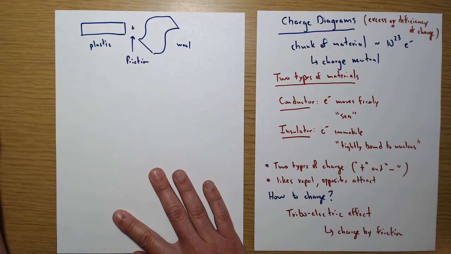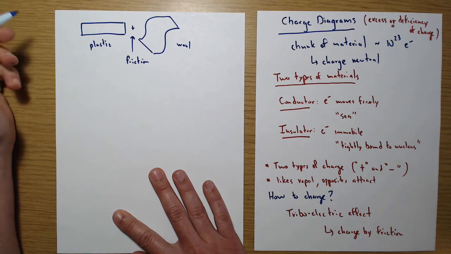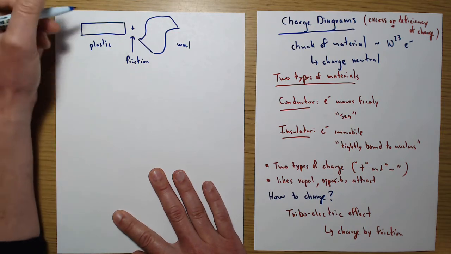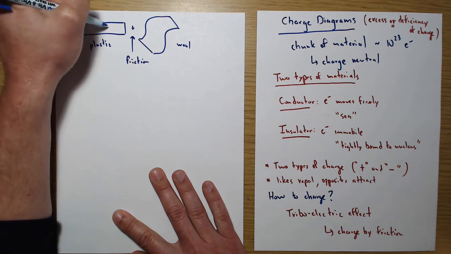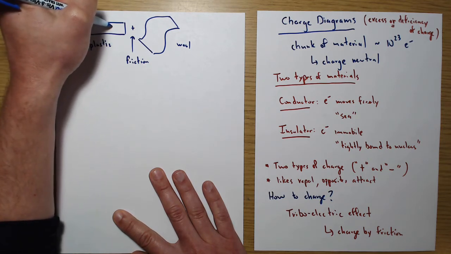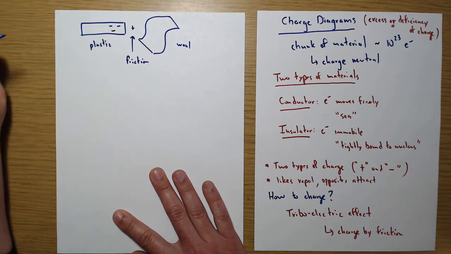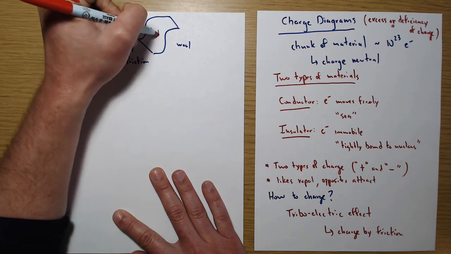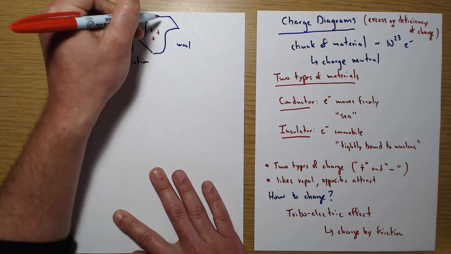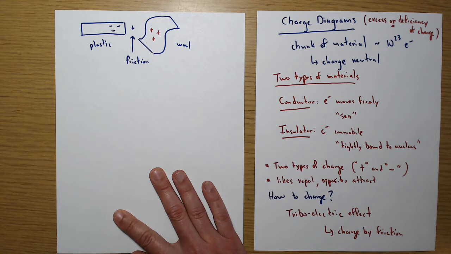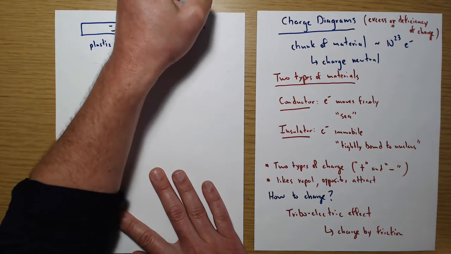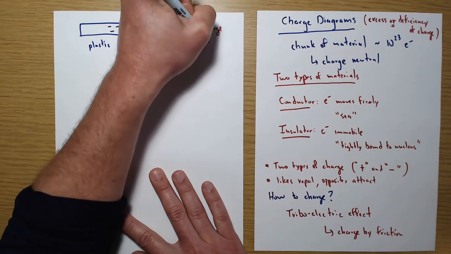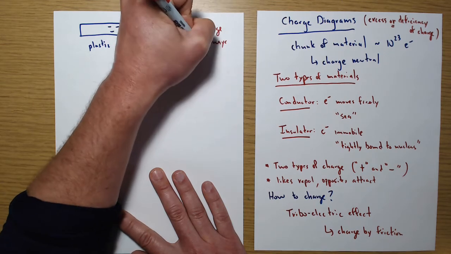So you rub them against each other. The plastic has a higher electron affinity, so it steals electrons from the wool. And if I rub it, let's say I'm just rubbing kind of this end of the rod, that would acquire some extra electrons. Those electrons came from wherever you rubbed it on the wool. It's not necessarily everywhere on the wool, but just from where it was rubbed. It's important to remember that charge is always conserved.